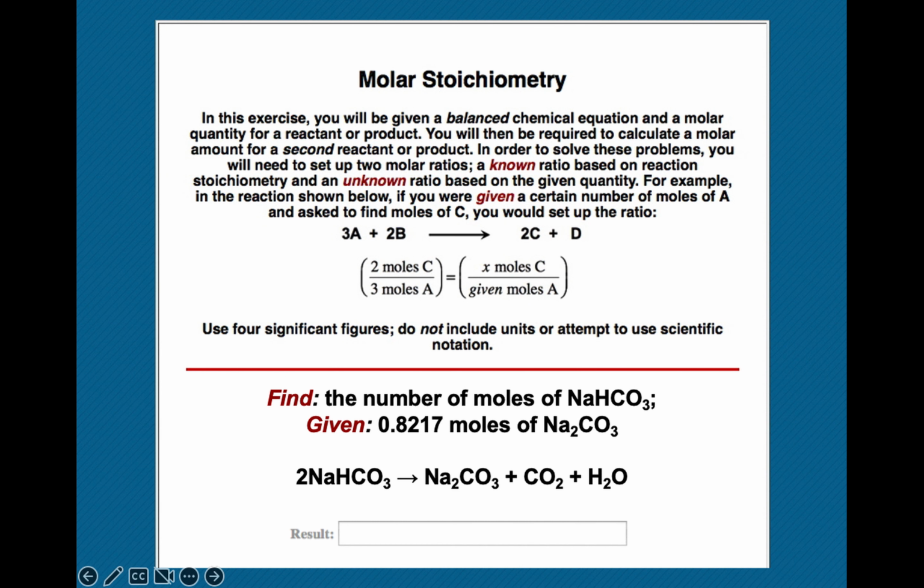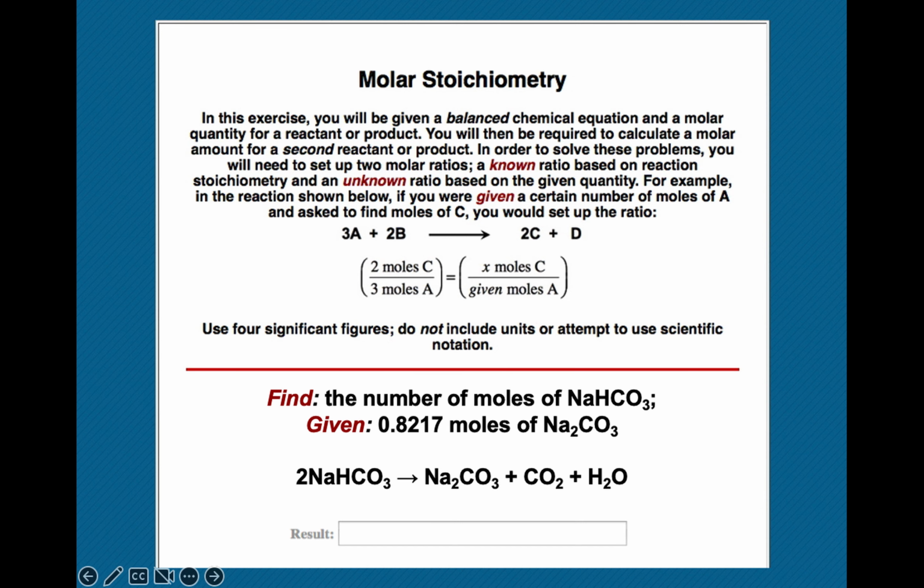There's a tutorial on this. This is what you're trying to find. That's our X. Here's our given. Here's our equation. We're looking for the relationship between sodium hydrogen carbonate and sodium carbonate. 2 sodium hydrogen carbonates give 1 sodium carbonate. Our given is going to be carbonate, so we want that in our denominator.